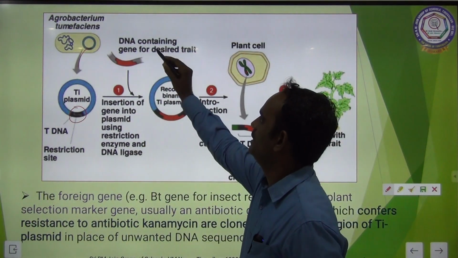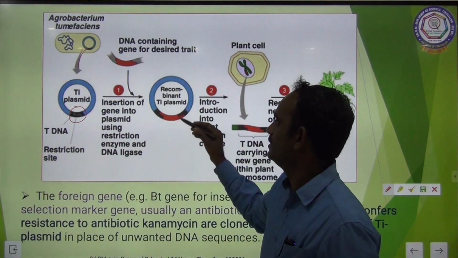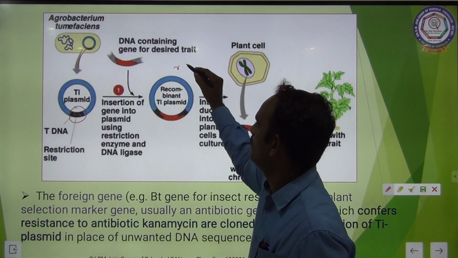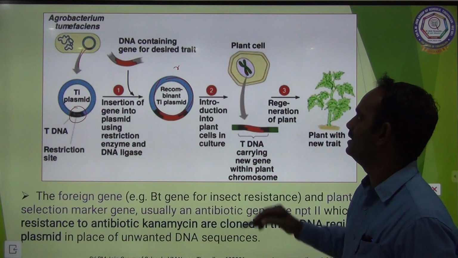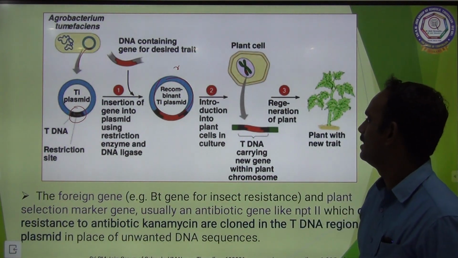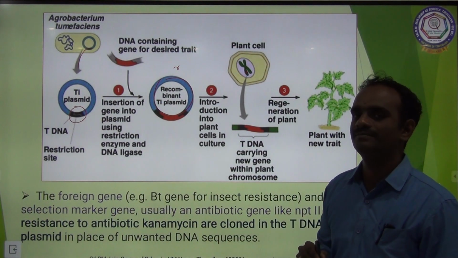Into that, the gene for the desired trait is introduced. Now a recombinant Ti plasmid is formed. This recombinant Ti plasmid is introduced into the plant cell. After that, the regeneration of plants takes place.